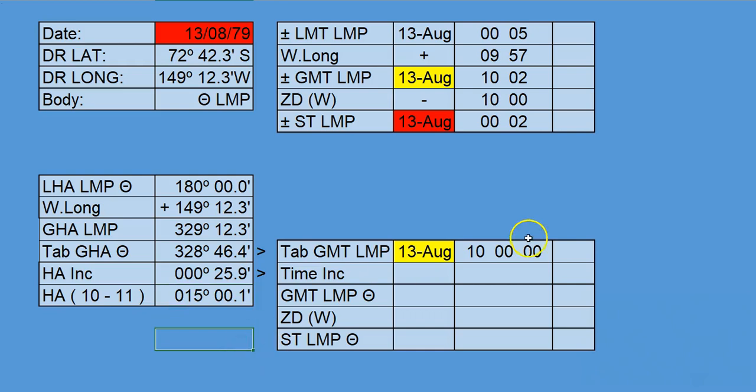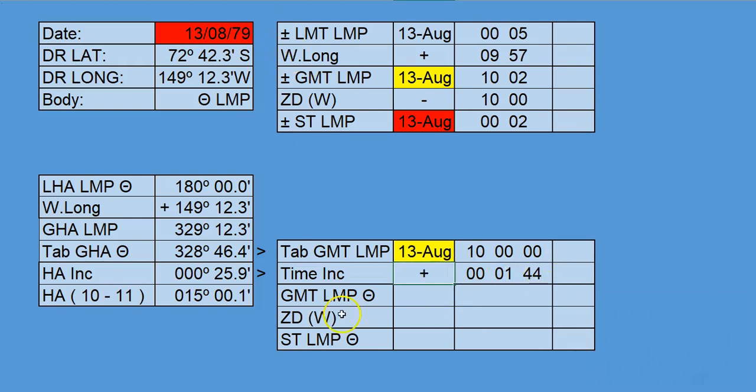Because we're dealing with the Sun, it will always be approximately 15 degrees. That forms a fraction, or decimal fraction, that we then convert into a time increment. That basically gives us an increment of 0 hours, 1 minute and 44 seconds.